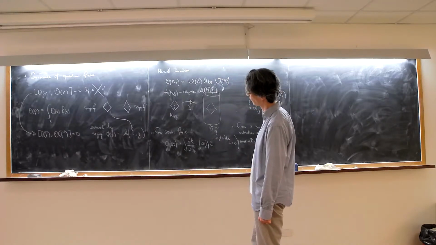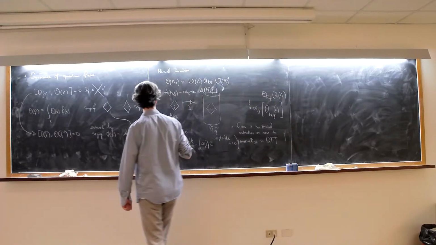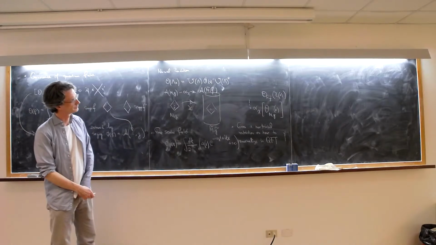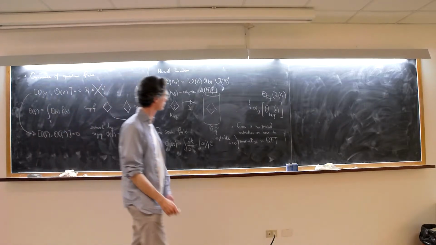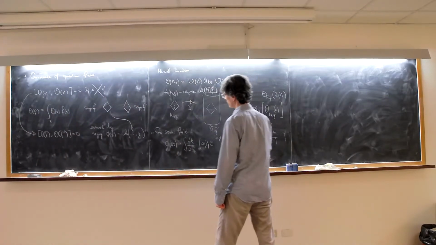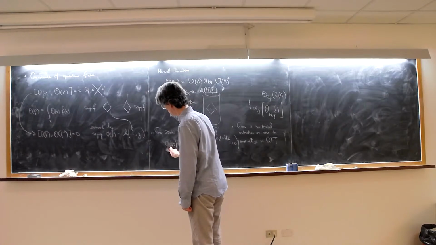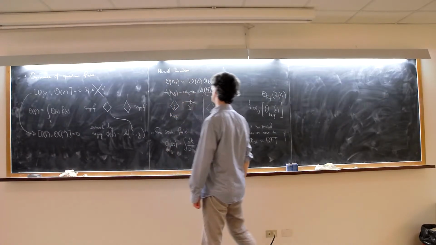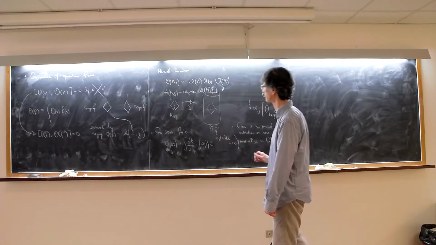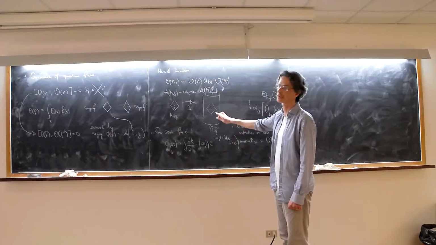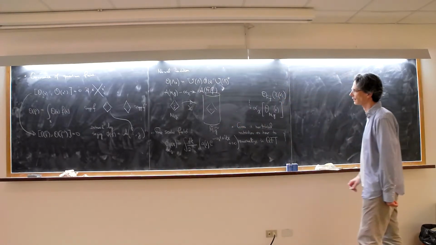So that will be the free scalar field in Minkowski space. Now, how would you think of the free scalar field in this so-called Einstein cylinder?